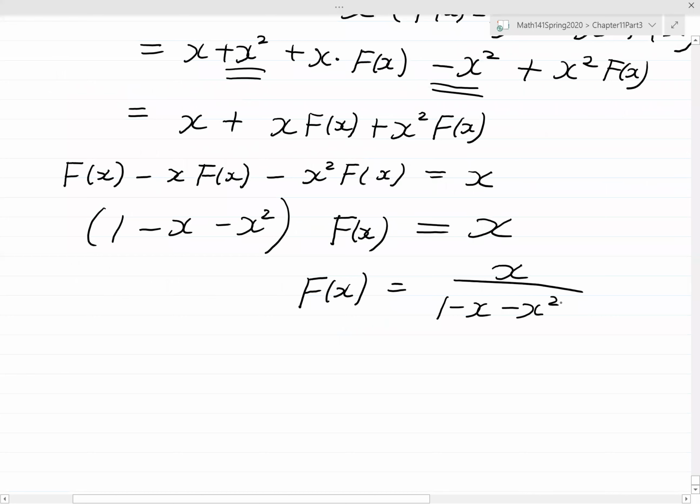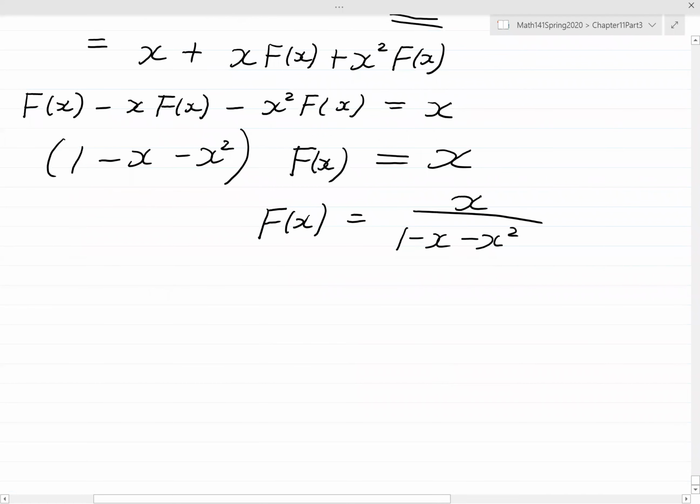so that this is the generating function of the Fibonacci sequence. Now, if we can find the power series of F, then we can recover the Fibonacci sequence.